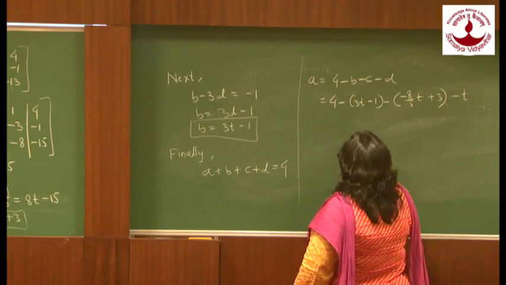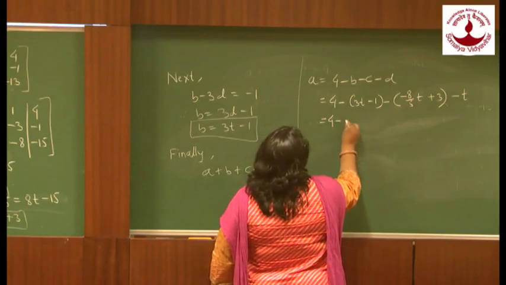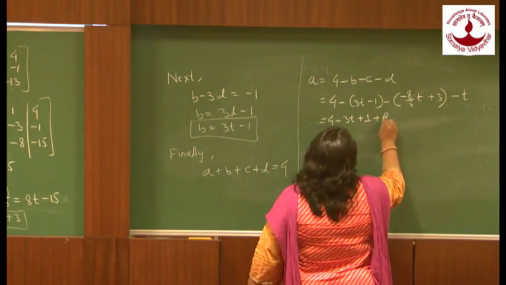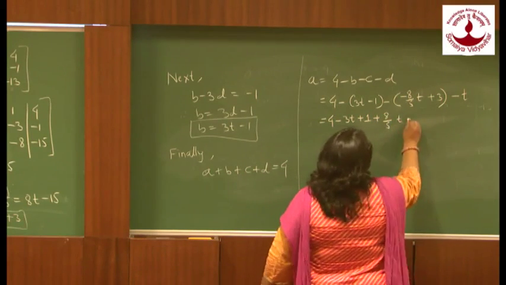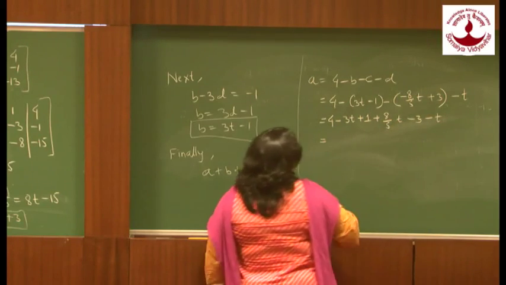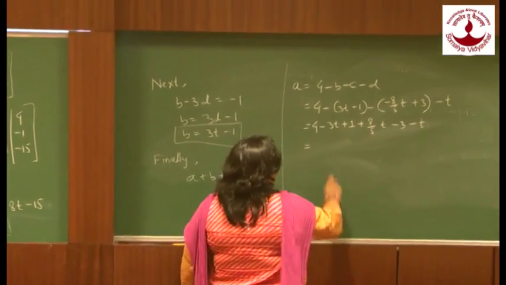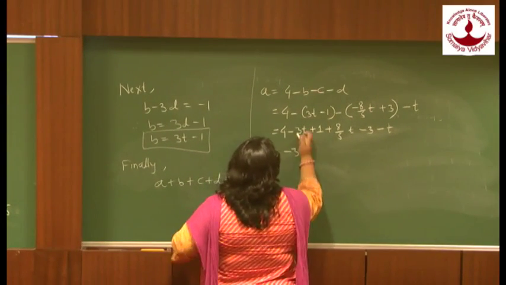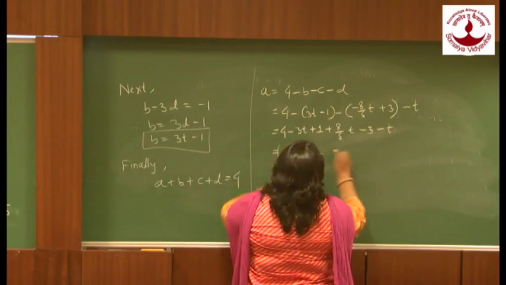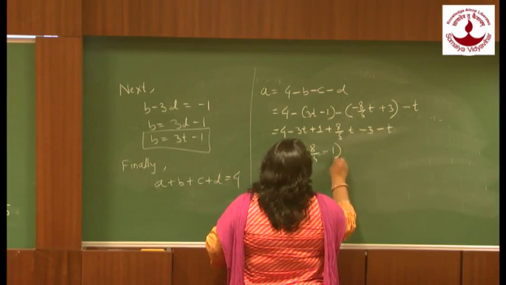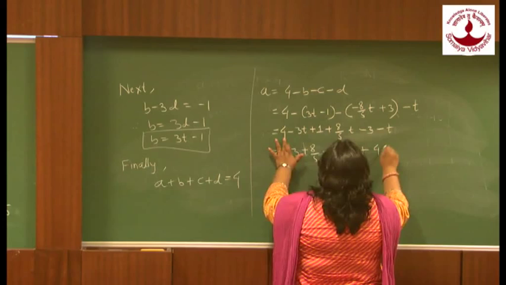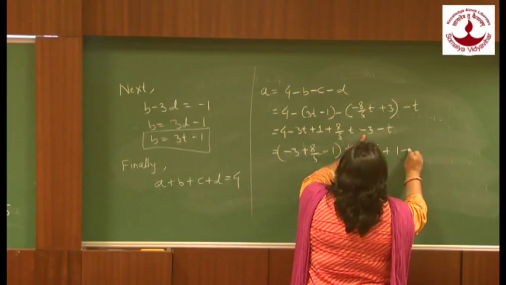Let's simplify this a little bit. So you can simplify this to minus 3t minus 8 upon 5 t minus 1 times t, plus the constant part, which is 4 plus 1 minus 3.